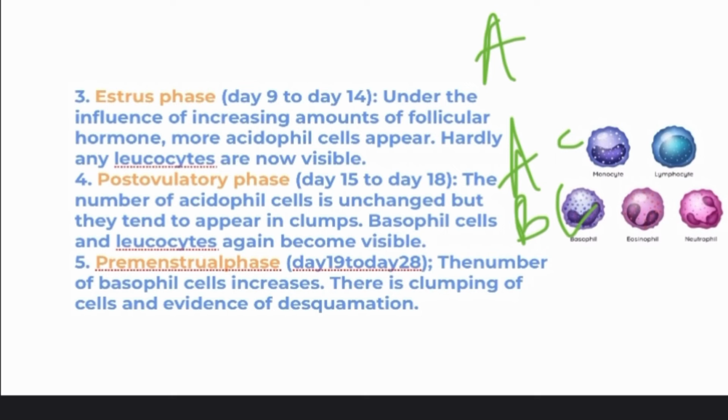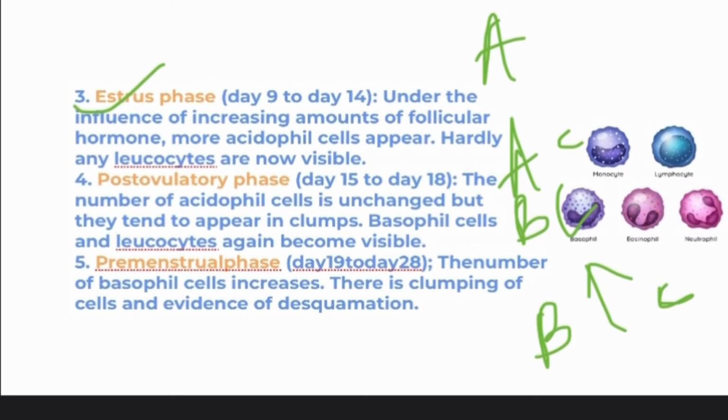And in the premenstrual phase, basophil cells increase in number and appear in clumps.